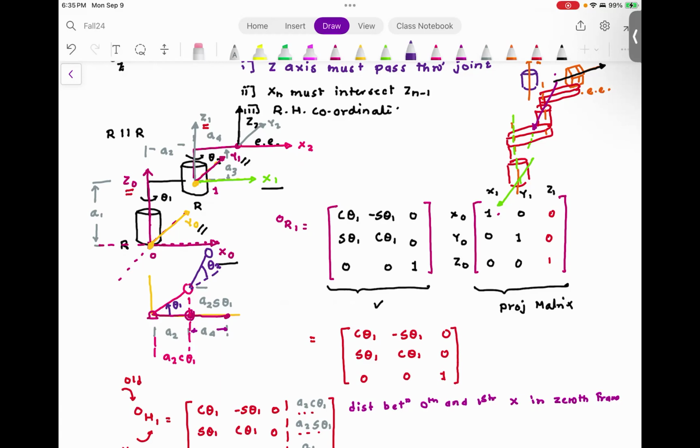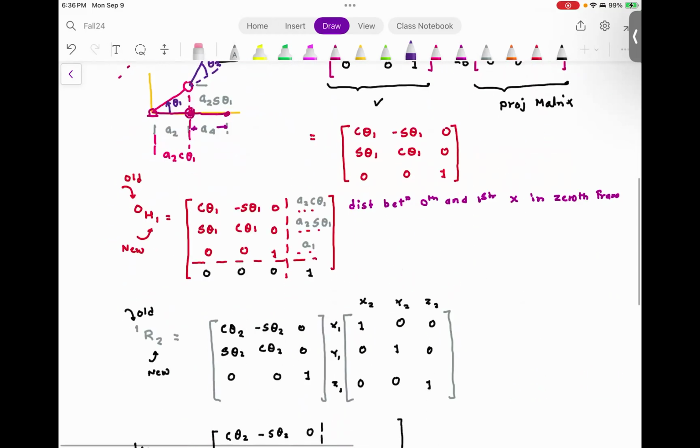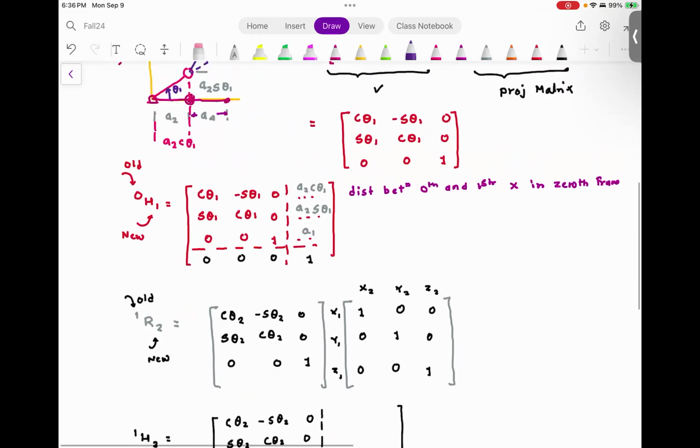So the first joint rotation is with respect to its zero position. The second joint is with respect to its zeroth position, which is nothing but the reference frame of the original link. Please understand, this angle is theta 2. Everyone understood this?